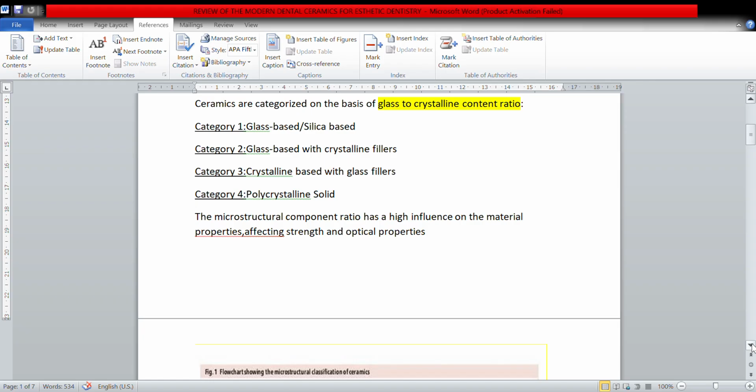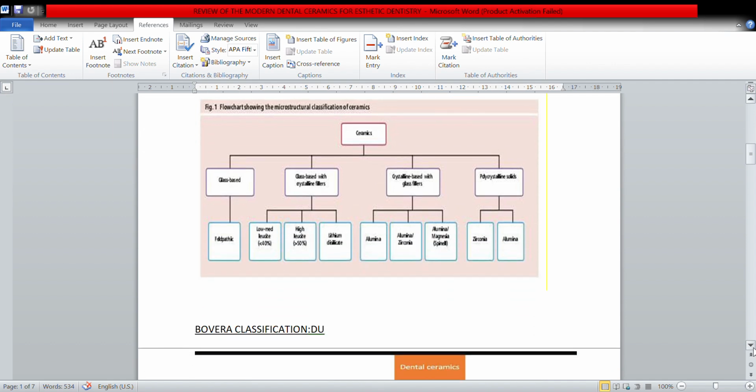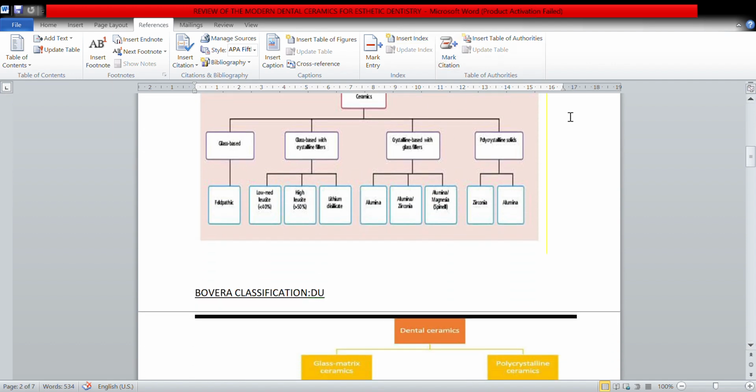Category 1 includes glass based, in which feldspathic is common. Glass based with crystalline fillers includes lithium disilicate. Crystalline based with glass fillers includes aluminum oxide. And category 4, polycrystalline solid, includes zirconia. This is the chart of this classification.